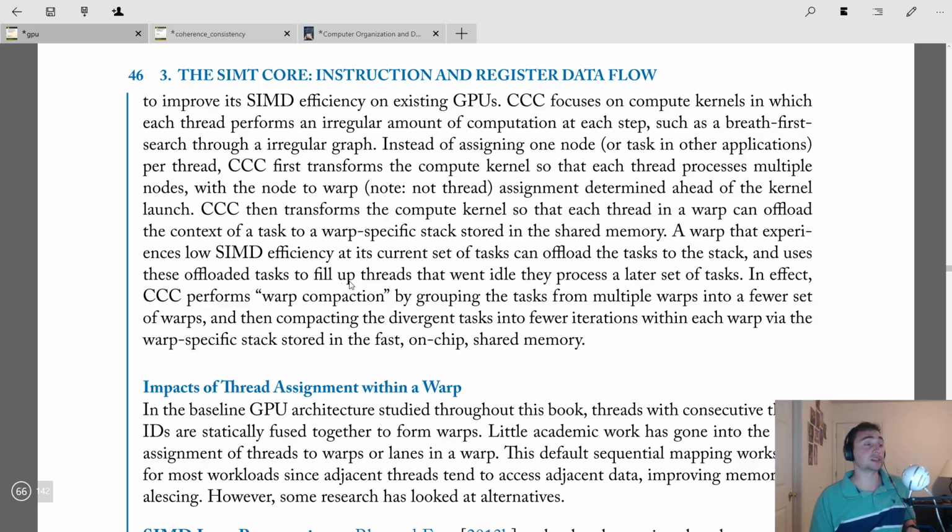A warp that experiences low SIMD efficiency at its current set of tasks can offload tasks to the stack and use these offloaded tasks to fill up threads that went idle as they process a later set of tasks. So basically, this is just workload balancing, right? If I've got too much work, we'll put it over here, and then idle threads can pick up that work.